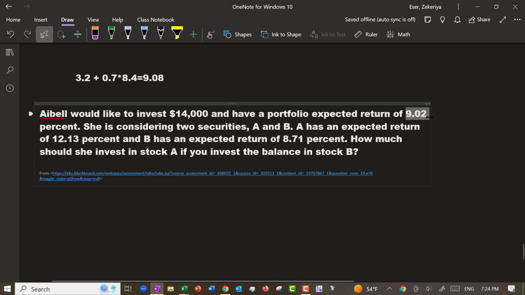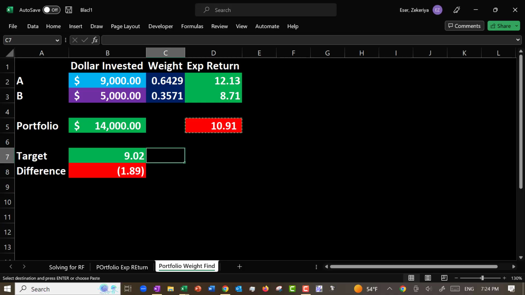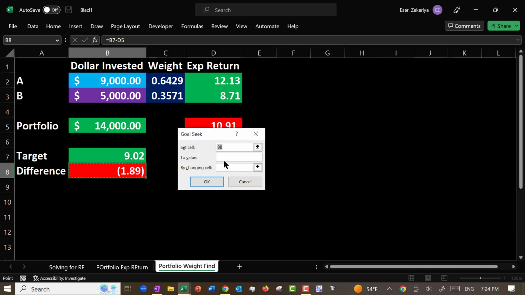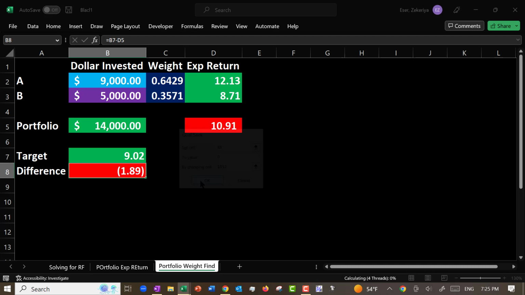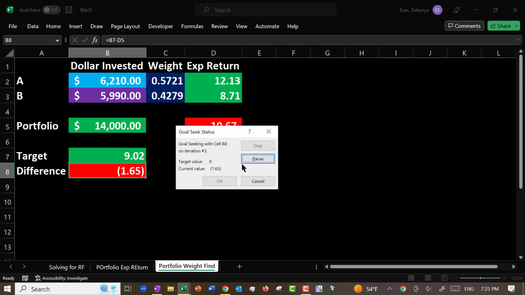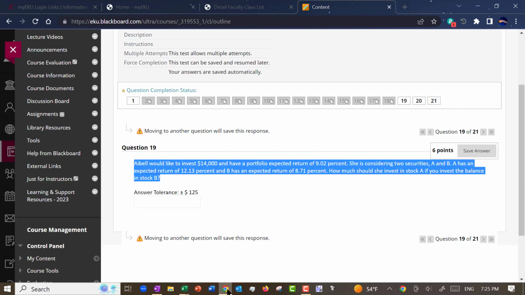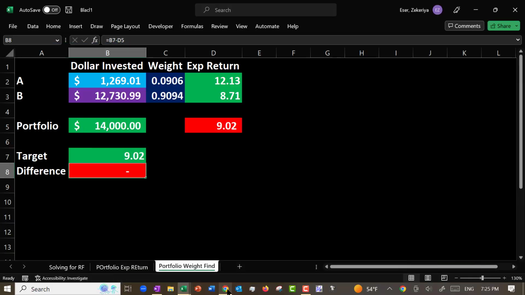If I want a portfolio return of 902, which means what-if analysis, goal seek, make that 0 by changing what I don't know. It's 1269. I don't know if that is correct. Yeah, it is correct.